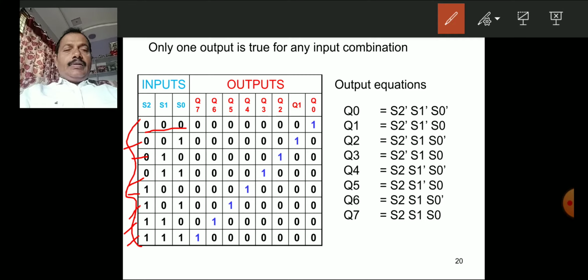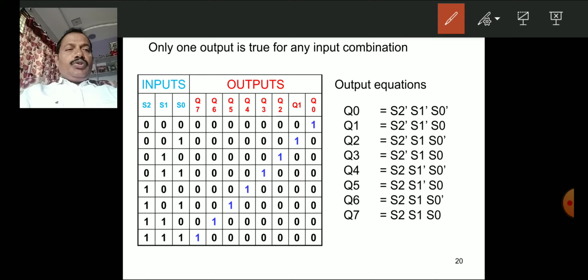For input combination 0 0 0, output Q0 is activated. For 0 0 1, output Q1 is activated and all other outputs are deactivated. For 0 1 0, output Q2 is activated and all other outputs are deactivated. Like this you can write the truth table.